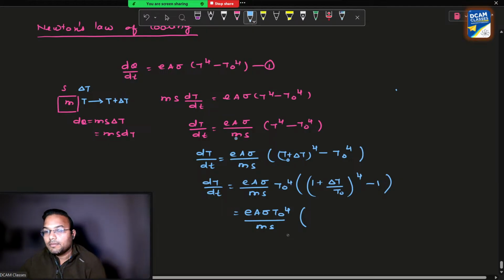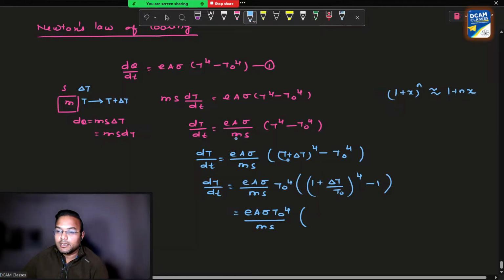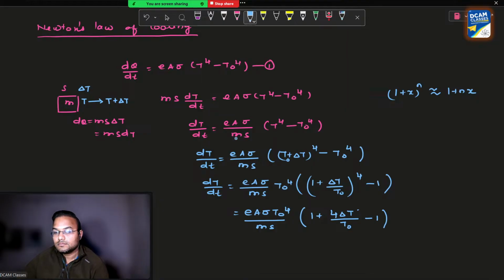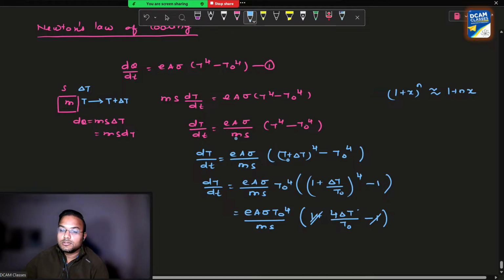I know for binomial approximation, 1 plus x whole power n is approximately equal to 1 plus nx. So it will become 1 plus 4 delta T by T naught minus 1. This will cancel out. So it will become EA sigma T naught power cube 4 sigma by ms delta T.